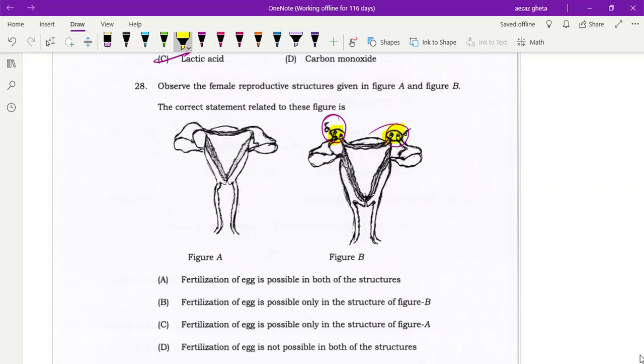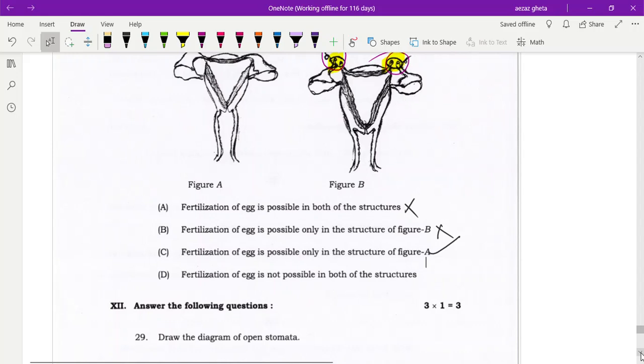So here fertilization will not take place. Fertilization of egg is possible in both? Fertilization of egg is possible only in figure B? No, not possible. Only in figure A? Yes. Fertilization of egg is not possible in both? So fertilization of egg is possible in figure A because it is not cut and joined.